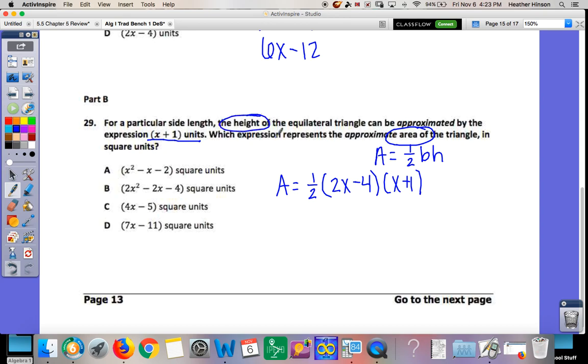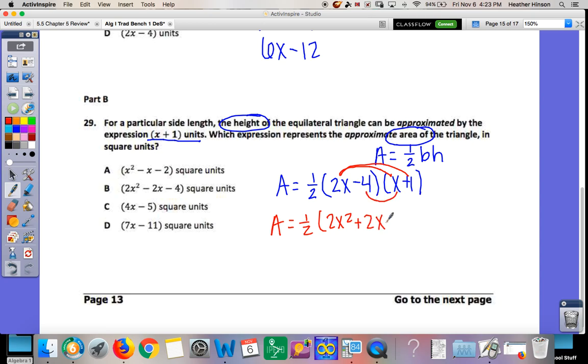Then you just got to solve. There's a lot of ways to solve this. You can distribute the 1/2. You can FOIL it out. You can do a generic rectangle. I'm just going to go with FOIL, and then I'll distribute the 1/2. So 2x times x is 2x squared. 2x times 1 is 2x.